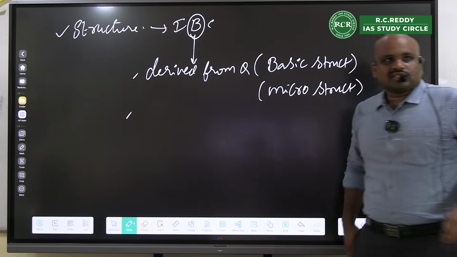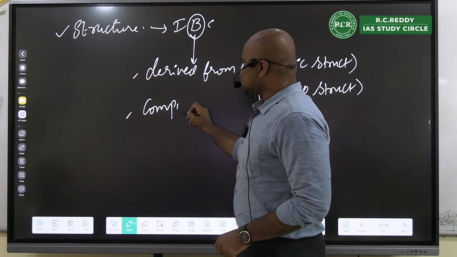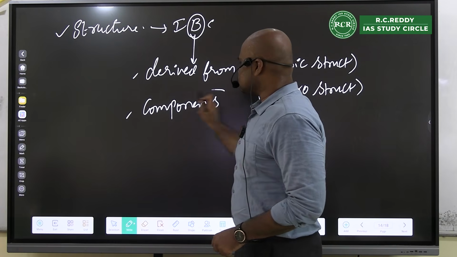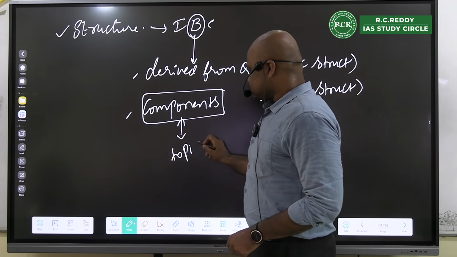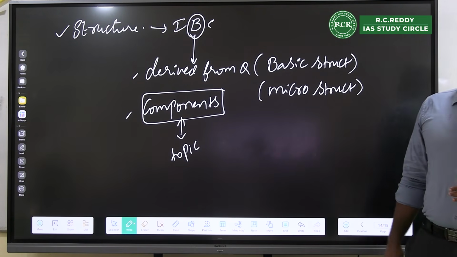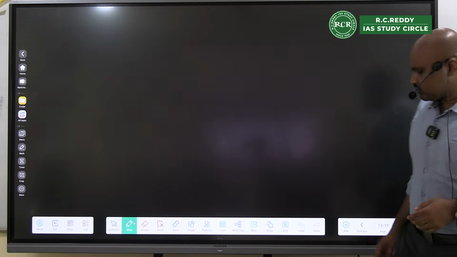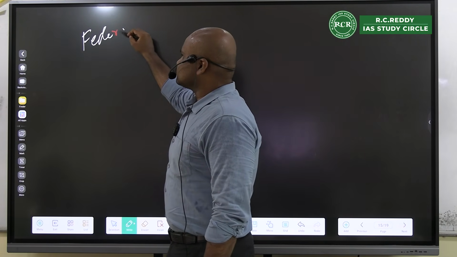The microstructure that can be remembered here is what kind of components can be generated for that particular topic. I'll give you a simple example. Suppose I am writing a question on federalism.